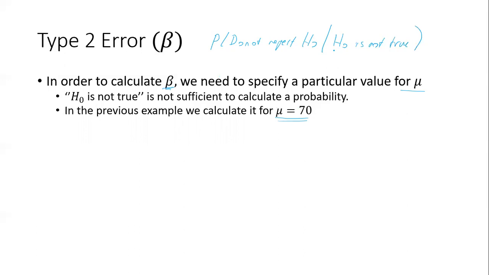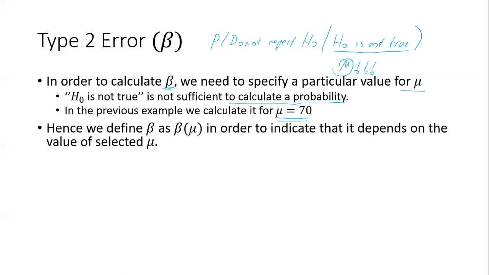H0 is not true does not give you a value for mu. So in order to calculate the probability, you need a value for mu. H0 is not true is not sufficient to calculate a probability. So in the previous example, we just set mu equal to 70.